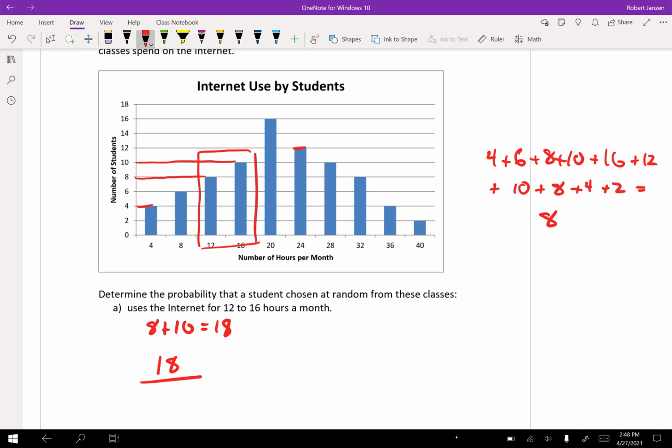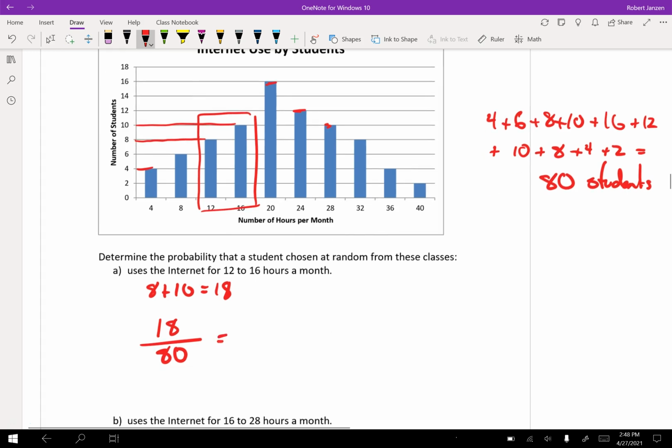And that turns out to be 80 students. What did I do there? I looked at the top of each of these lines and said, how many students does that represent? So it's 18 out of 80 that use it 12 to 16 hours a month. We can reduce this. This is 9 out of 40.